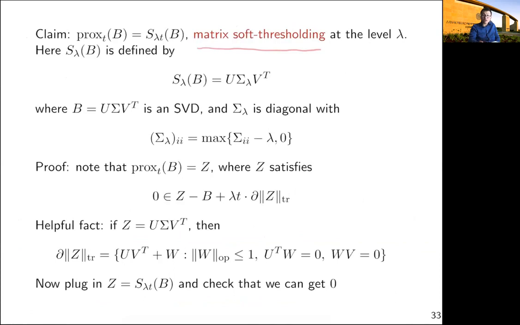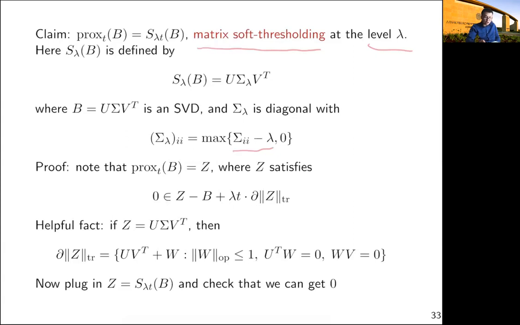Instead of thresholding on each coordinate, now we are thresholding on the singular values of this matrix B at level lambda. This involves decreasing every individual singular value of the matrix B by a fixed amount lambda. If we hit 0, then we stop at 0. That's called the matrix soft thresholding or matrix shrinkage operator.